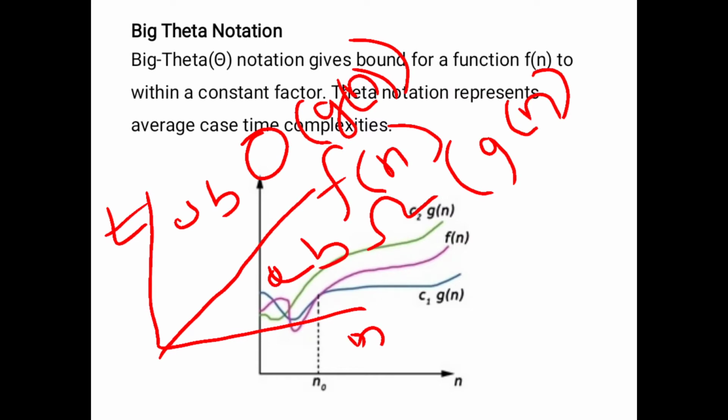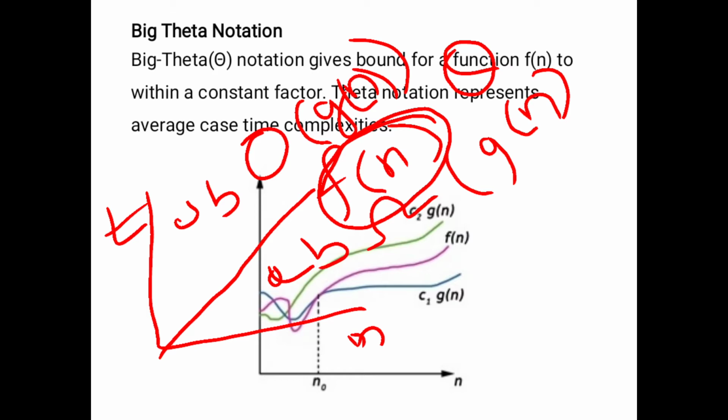Okay, so this is a function. Actually, what is the name of this function? This function is theta, big theta notation. So big theta notation lies between big omega notation and big O notation. Okay, so this is the concept. Actually, what is the definition given here?